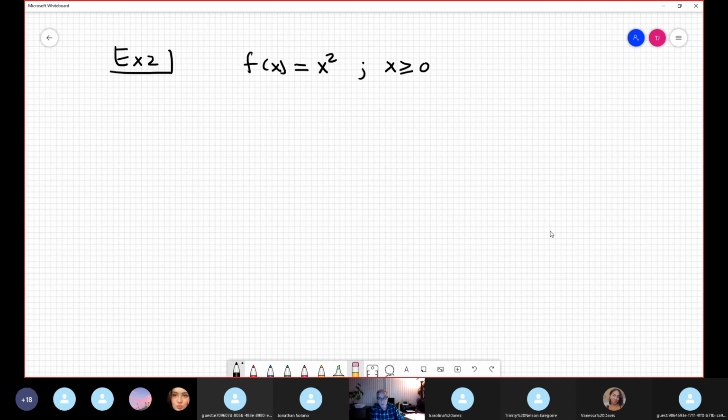Number 1, determine if it is 1 to 1 or no. Number 2, determine the equation for the inverse. Number 3, double check the composition. Number 4, determine domain and range. And number 5, graph both the original and the inverse. So step 1 is to determine if it is a 1 to 1 function or no.